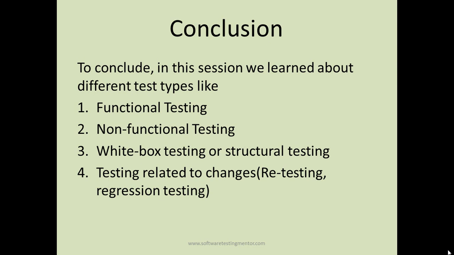Non-functional testing is testing related to non-functional attributes like performance, reliability, scalability, etc. White box testing or structural testing is testing related to the software architecture. Testing related to changes is retesting whenever you do a defect fix, and regression testing is to test that any defect fix or addition of new functionality has not introduced any side effects in the software.